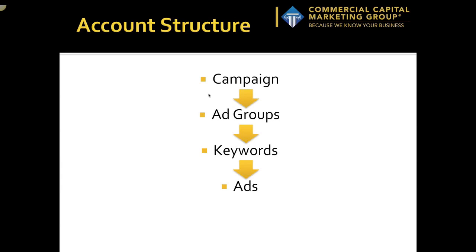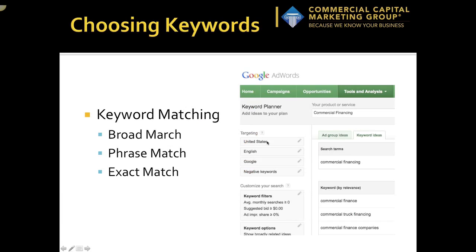So if you wanted to do accounts receivable financing, you not only target that keyword, but you target accounts receivable factoring, factoring receivables, AR finance, any kind of keyword that somebody could type into a search engine and land on that product. Then after you develop your keywords and you pick keyword variations, you build ads around those specific keywords so that you can really target that group of people that you're hoping to drive back to your website.